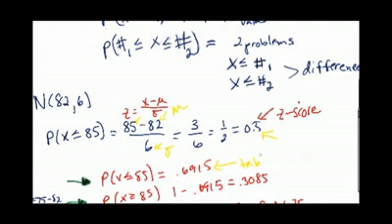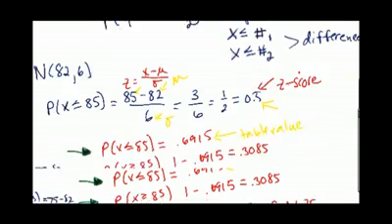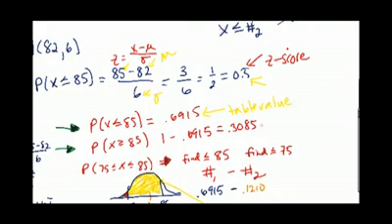For greater than, it's one minus the table value. And for in between, you just take the difference. I hope this example clarified things for you.